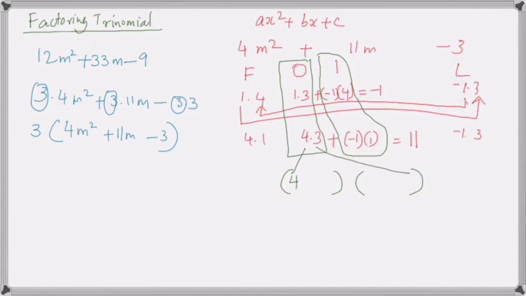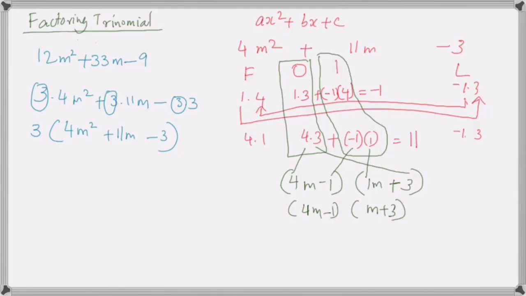Far end, 4 and 3 would go here, and negative 1 goes here. These are the numbers on the inside, right? 1 goes here. See, these are the numbers on the inside and 4 and 3 are the numbers on the outside. So 4m minus 1 times 1m plus 3. So that would be 4m minus 1 times m plus 3, right?